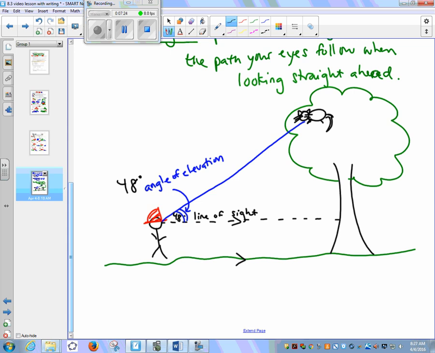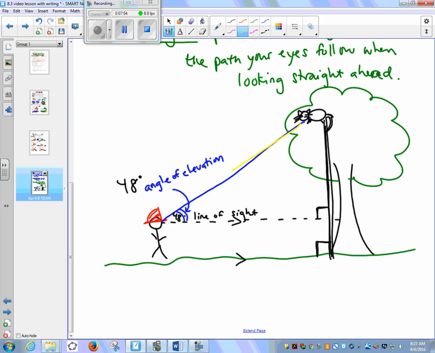Now, based on the fact that we are going to think of this as being straight down, straight down from the bottom of the tree, let's say, that is a right angle. Now, the problem is the angle we really are going to look at is part of the triangle that we formed here.